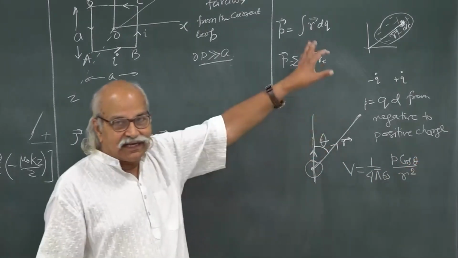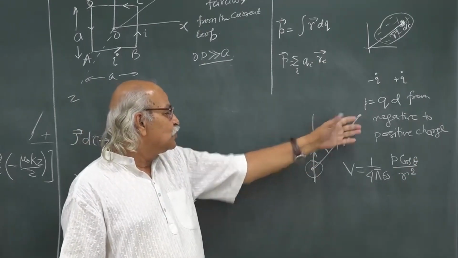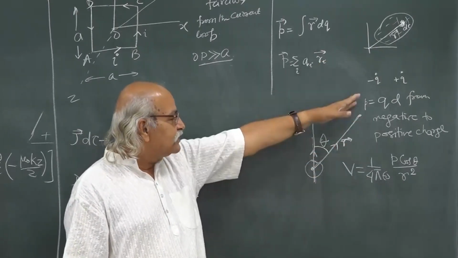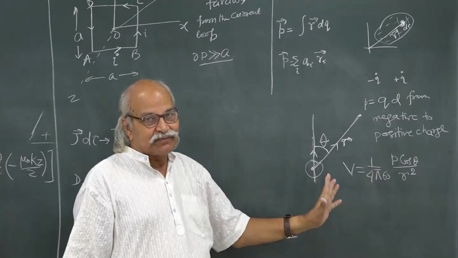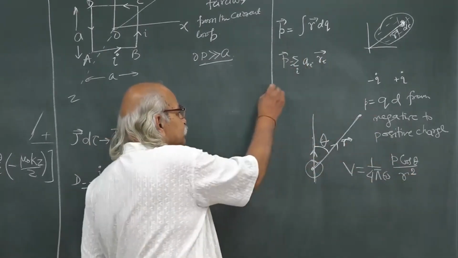Okay. So, these things are from electrostatics. The potential due to an electric dipole at a point, far away point, is given by this expression, and these are the meanings of these symbols.